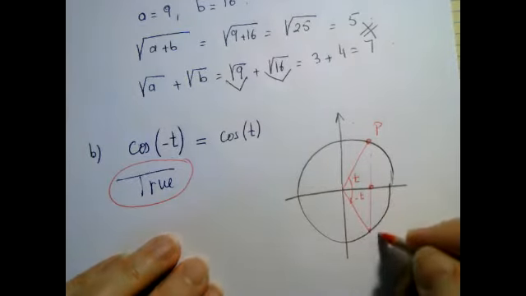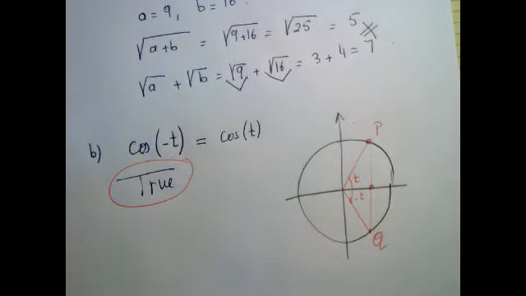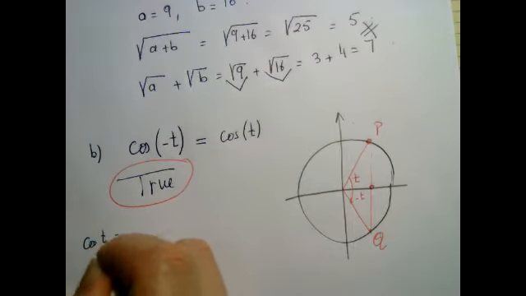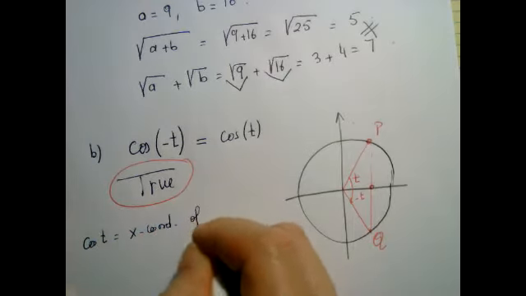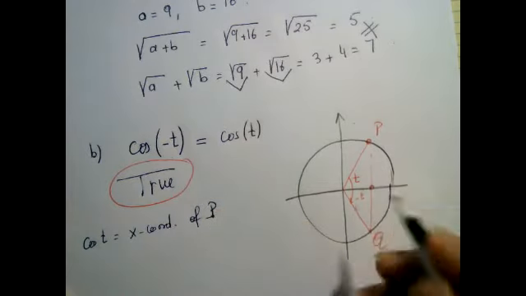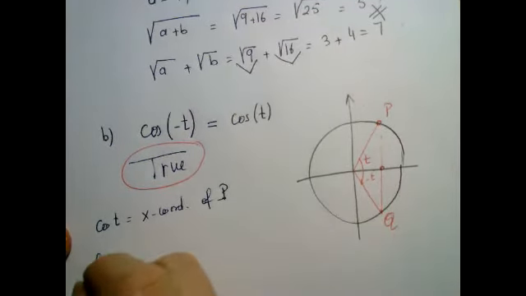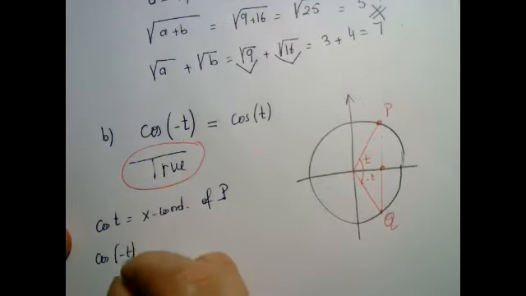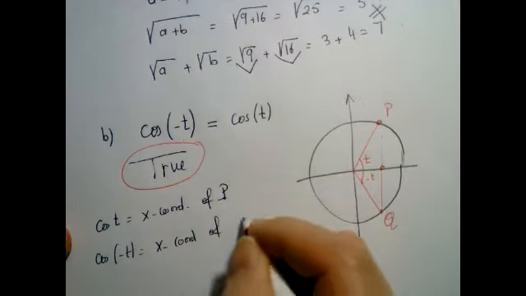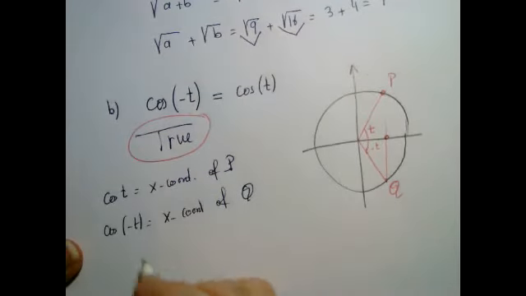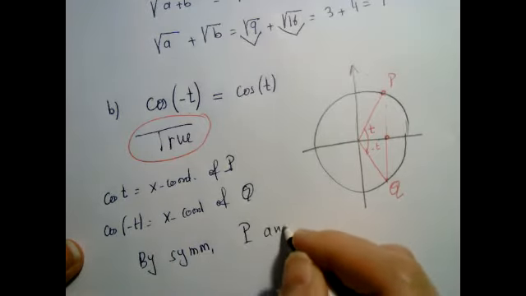So this is the point Q. Cosine t, using the picture, is the x-coordinate of the point P. The cosine of minus t is the x-coordinate of the point Q. So by symmetry, P and Q have the same x-coordinate.